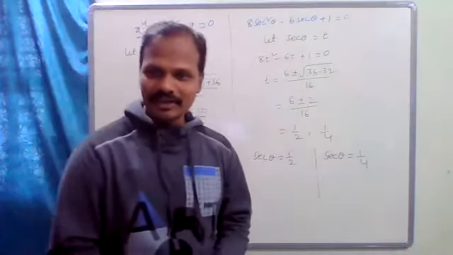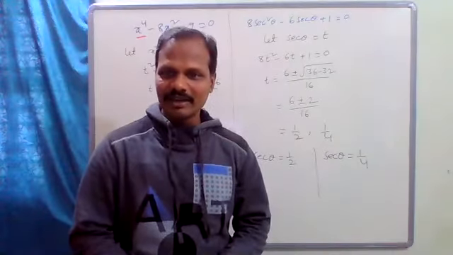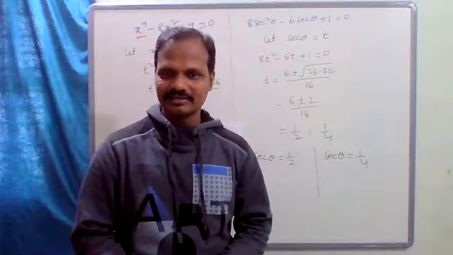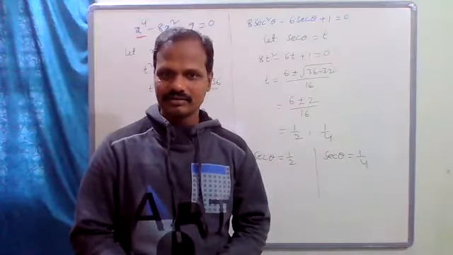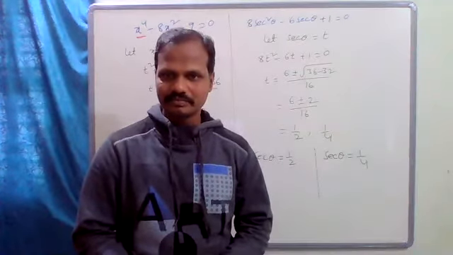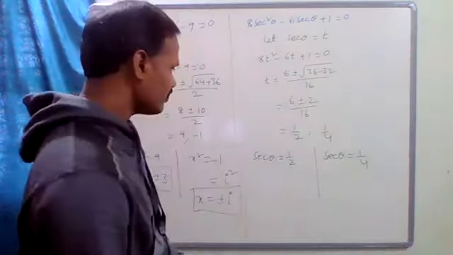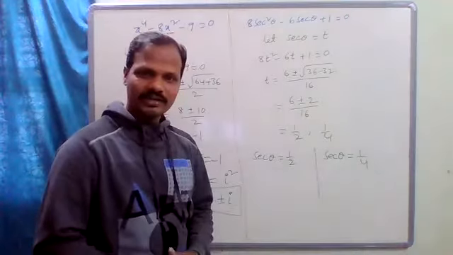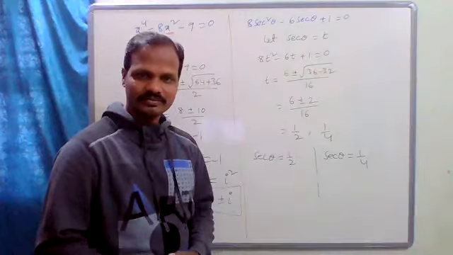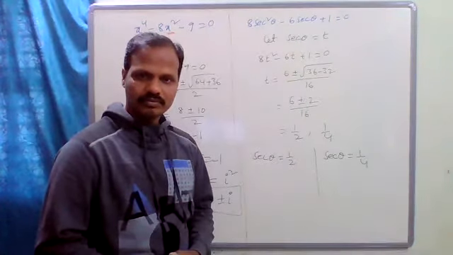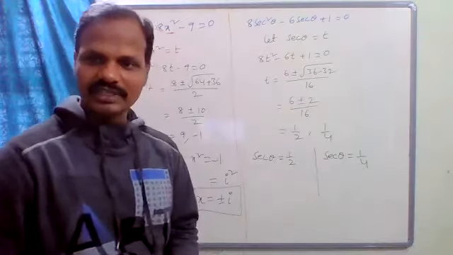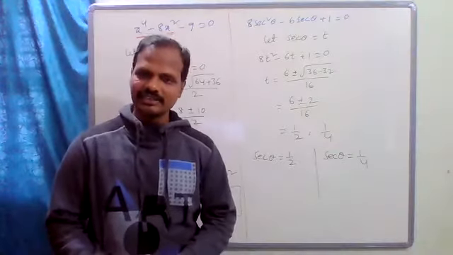Uday Kiran told that it is not in the domain of secant x. So secant theta is 1 by 2. Uday Kiran, you said not in the domain of secant x or not in the range of secant x?